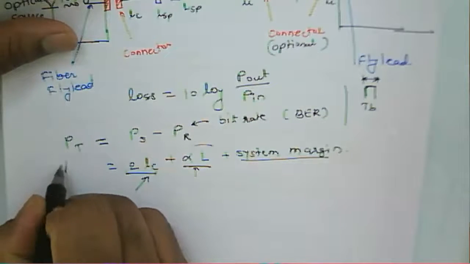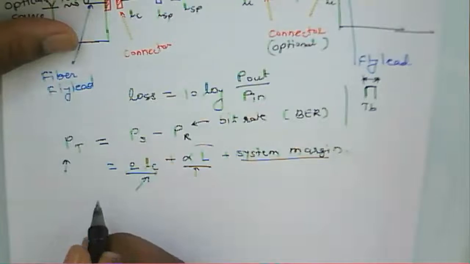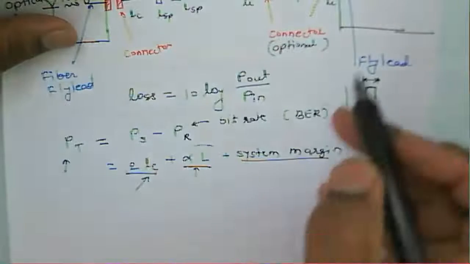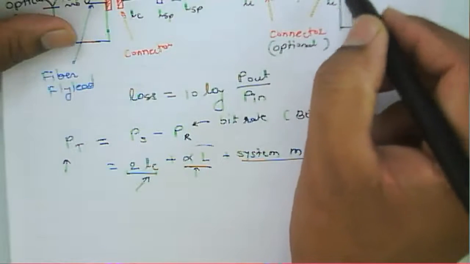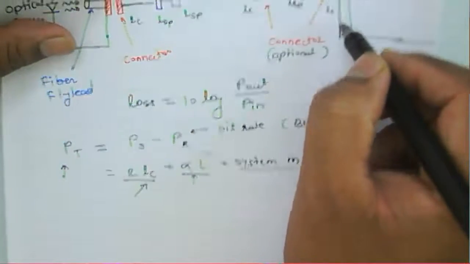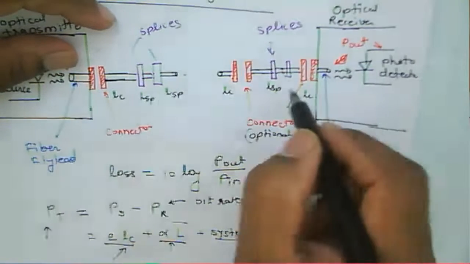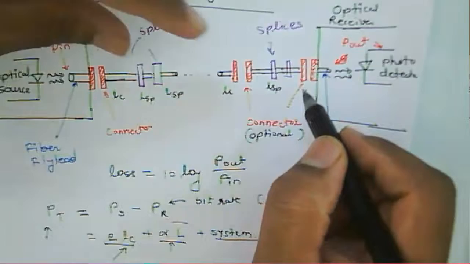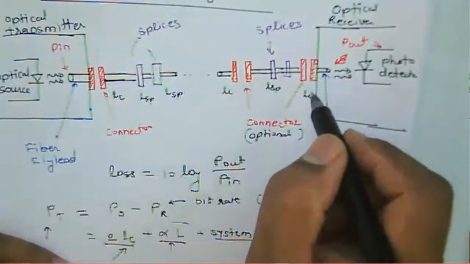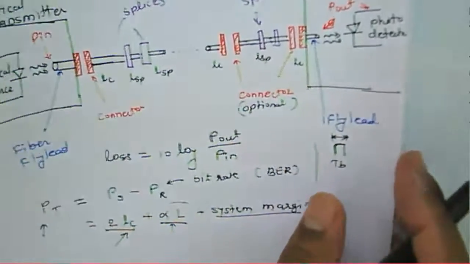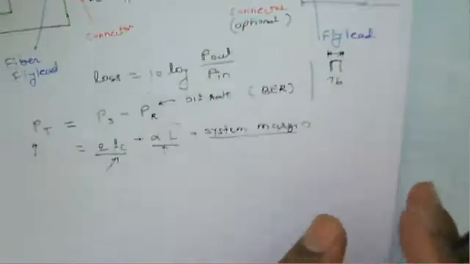So even if we say it is about power, the link power budget depends upon the length, because at the receiver we are receiving some particular power that depends upon the length. For x length of the fiber, what will be the minimum received power? That is in terms of the link power budget.